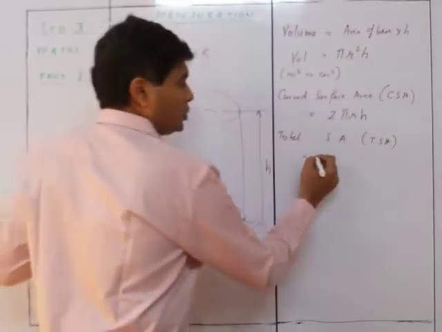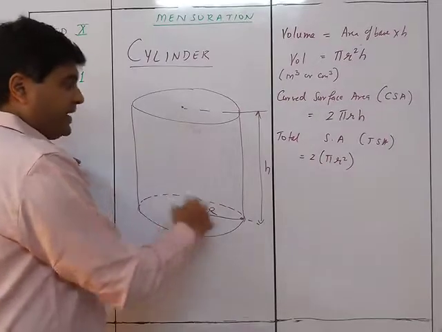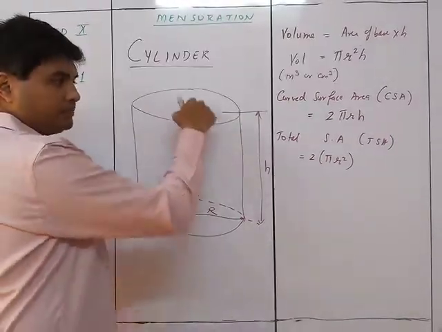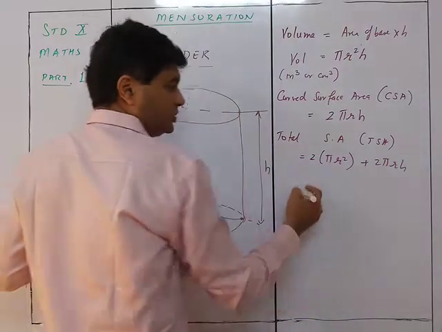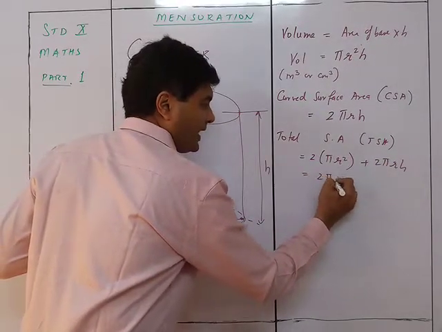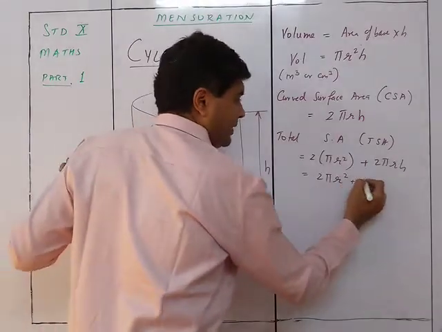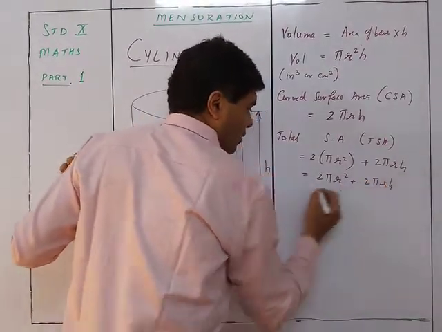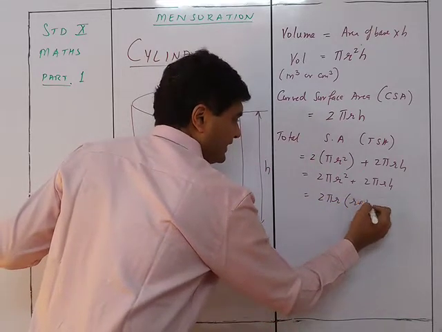So it is 2 times pi r square, which is the area of the bases, the top and the bottom, plus 2 pi r h. So I'll write it as 2 pi r square plus 2 pi r h. Accordingly, we have 2 pi r common, times r plus h.